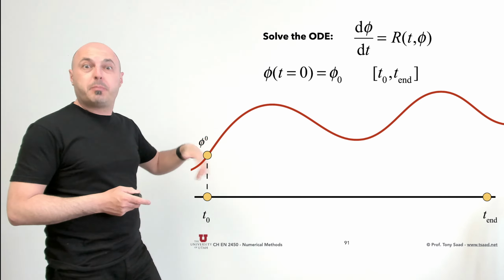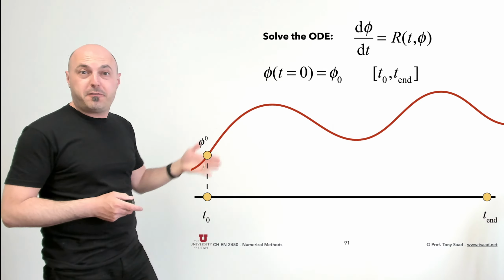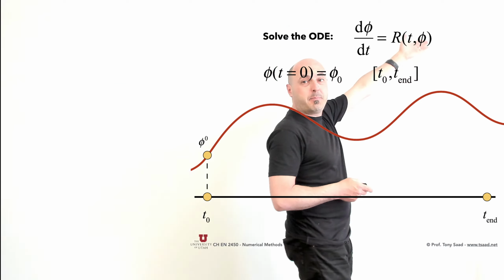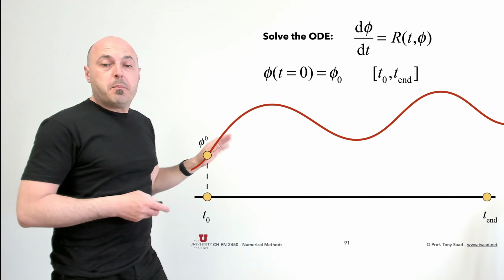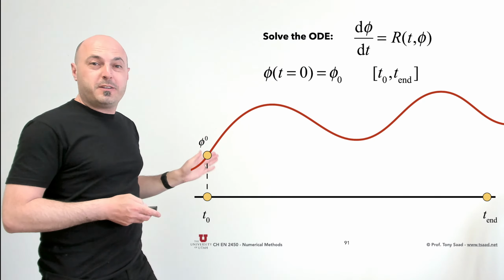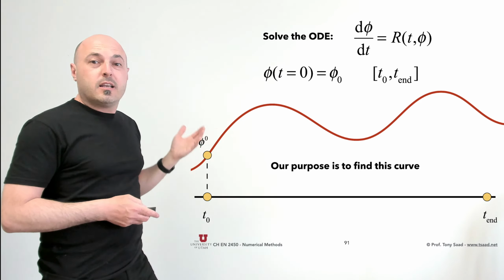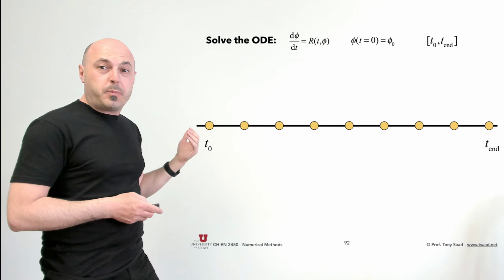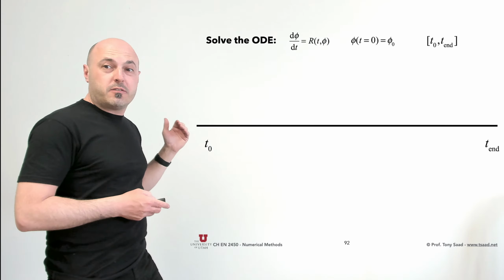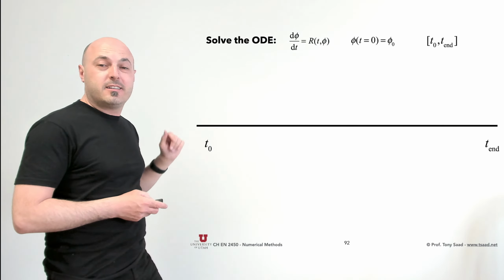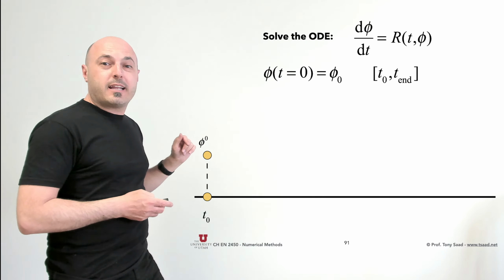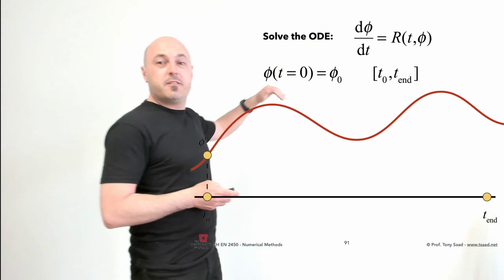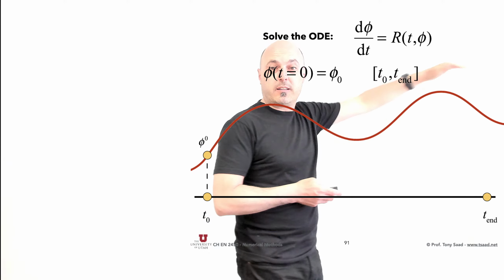And we know that that slope depends on the value of phi itself, because the right-hand side is going to depend on phi and time as well. But we are starting over here with phi0, and our goal is to find this curve. In other words, to develop a recipe so that we can recursively find the individual values of phi along the curve.